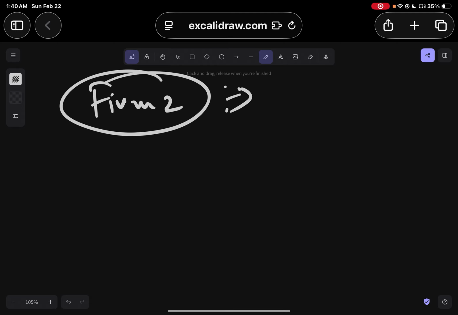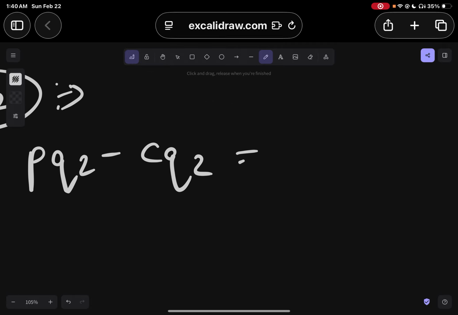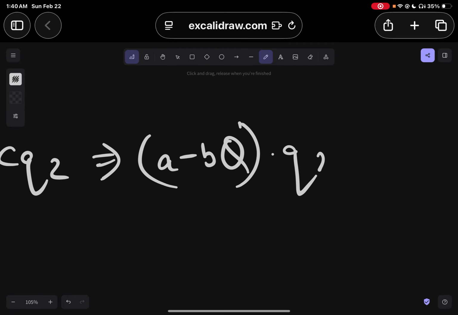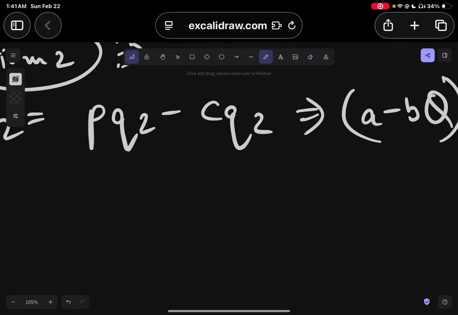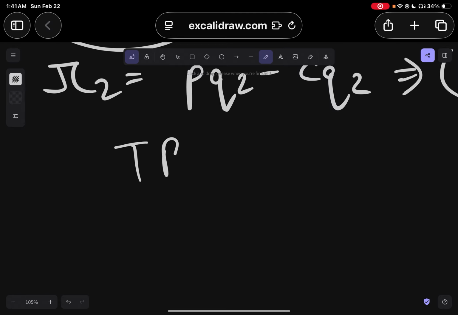So firm 2 will be the same thing. Pi 2 is PQ2 minus CQ2, which would be (A minus BQ) multiplied by Q2 minus CQ2, that is TR2 minus TC2.